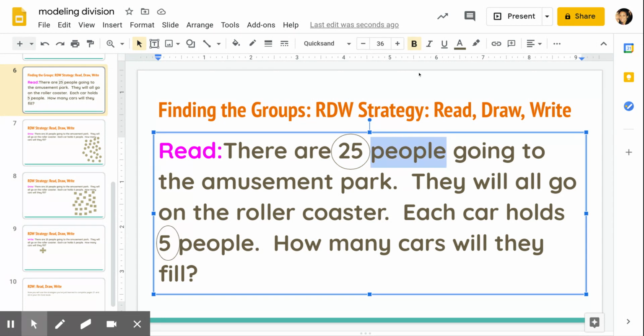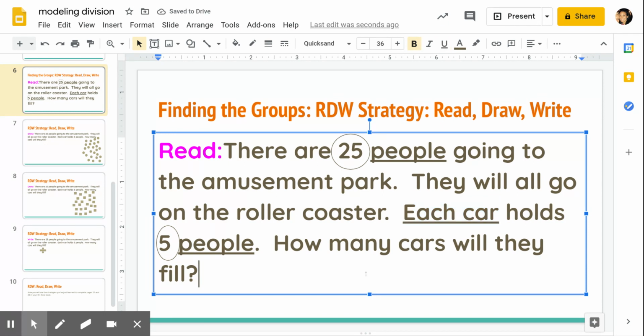So in this case, people are units. There are 25 people. Wait a second. This has people too. Let me read that sentence again. Each car holds 5 people. So yes, it's people and people, but we're talking about how many people in each car. So I'm going to underline that too because that's important.